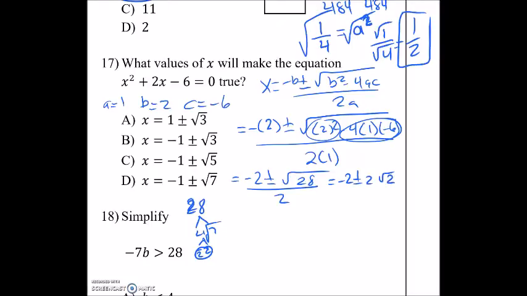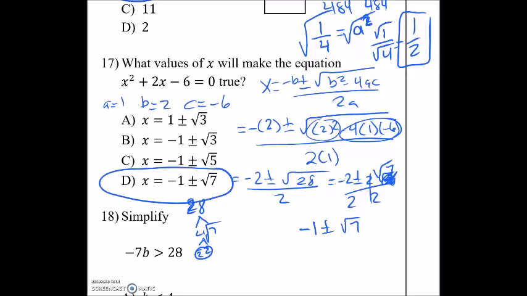But of course, we're dividing both by 2. So -2 divided by 2 is -1, plus minus, these two cross, and it becomes just the square root of 7, making D the correct answer.